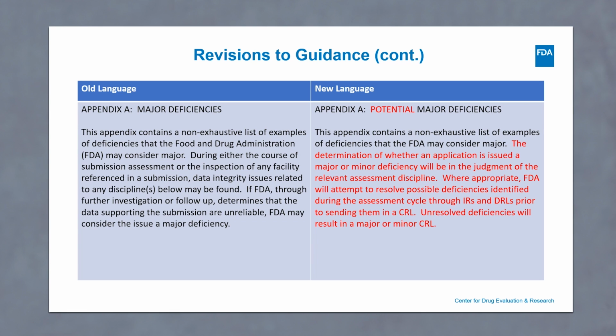The determination of whether an application is issued a major or minor deficiency will be in the judgment of the relevant assessment discipline. Where appropriate, FDA will attempt to resolve possible deficiencies identified during the assessment cycle through IRs and DRLs prior to sending them in a CRL. Unresolved deficiencies will result in a major or minor CRL.